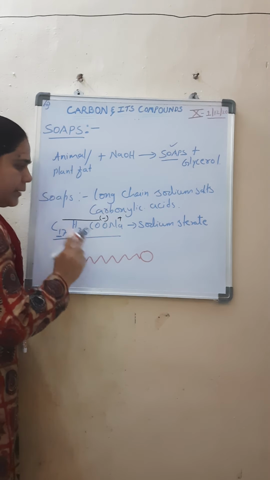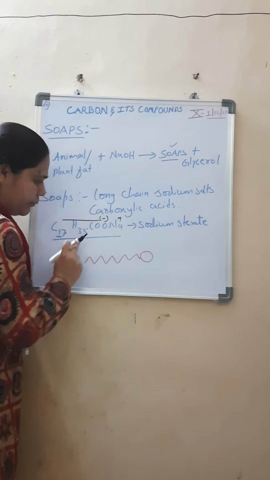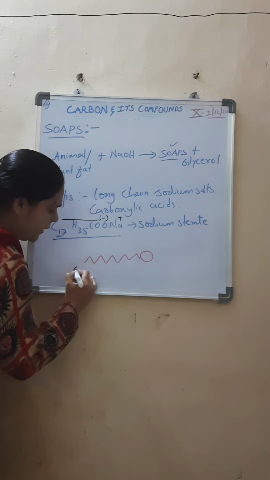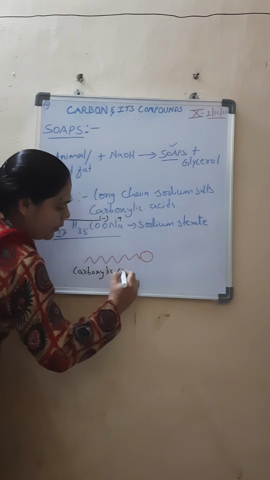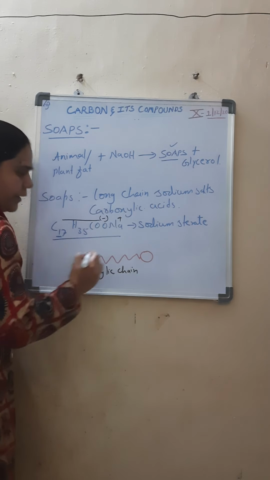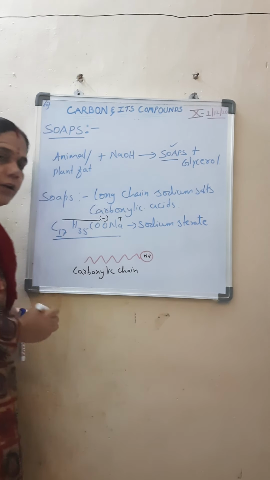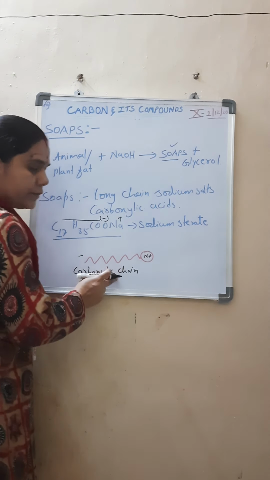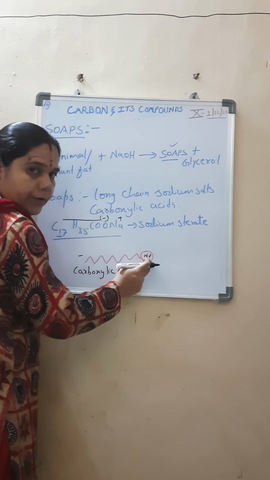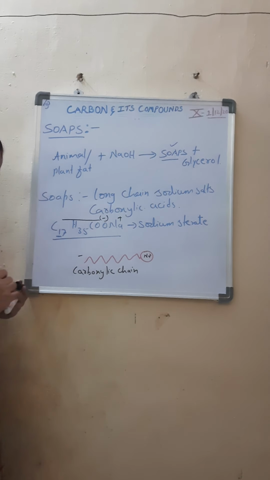Okay, so two ionic parts. One is a positive ion part and another is a negative ion part. This negative ion part is nothing but the carboxylic chain ion. And this is the sodium ion. So every soap molecule will have a carboxylic chain and a sodium ion. Fine. So this is the structure of your soap.